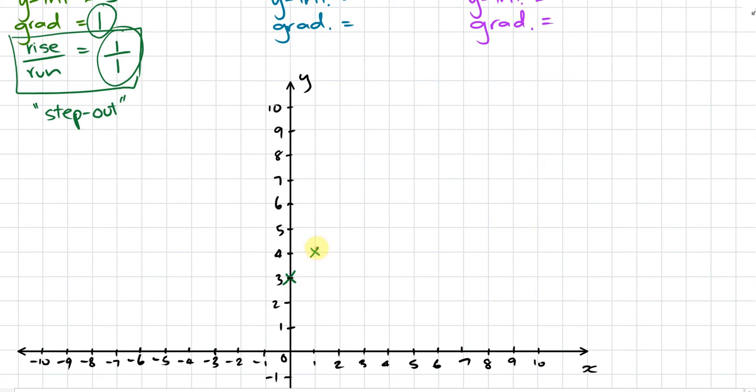Then from that point I go up 1 and across 1, up 1 and across 1. And then I'm just drawing a line through those points. Of course you'd use a ruler, but that line there would be y equals x plus 3.